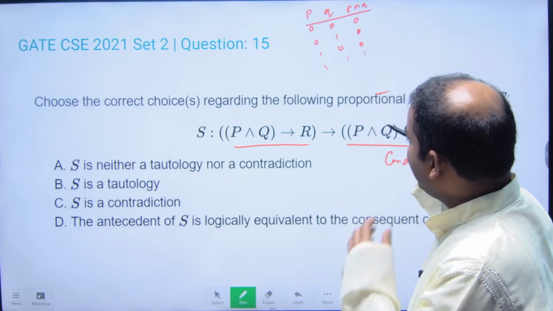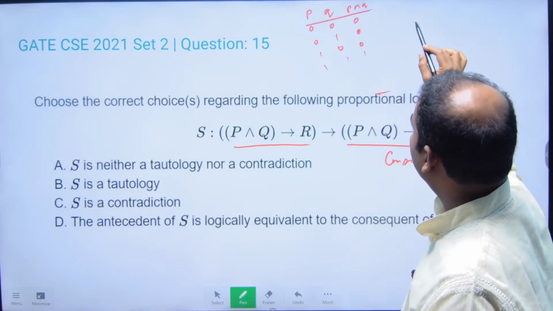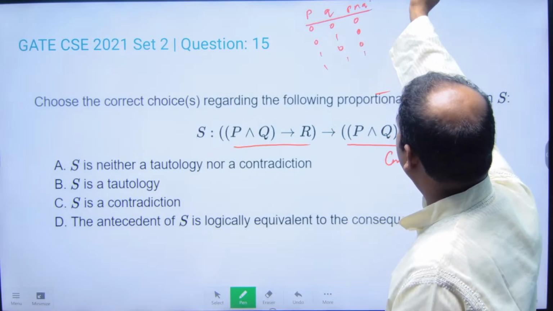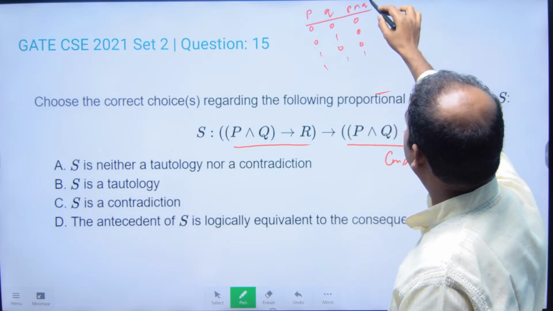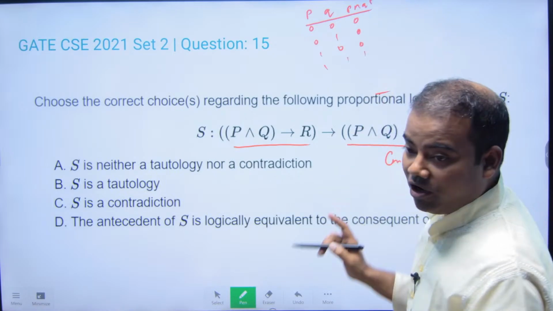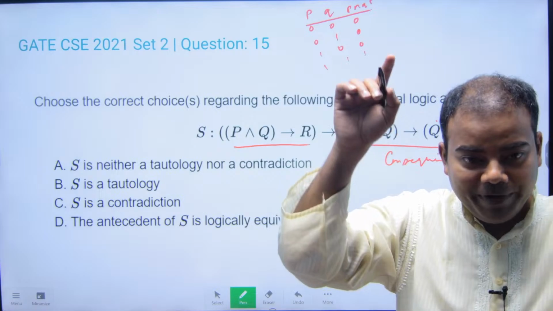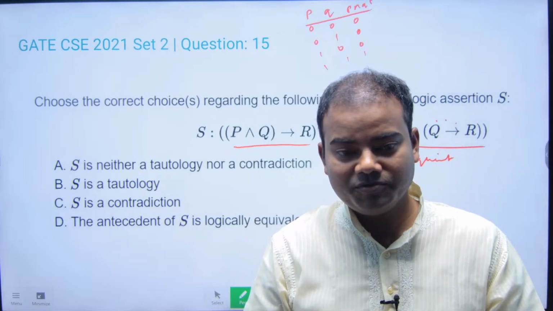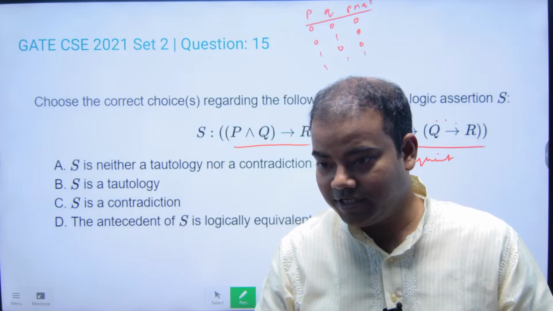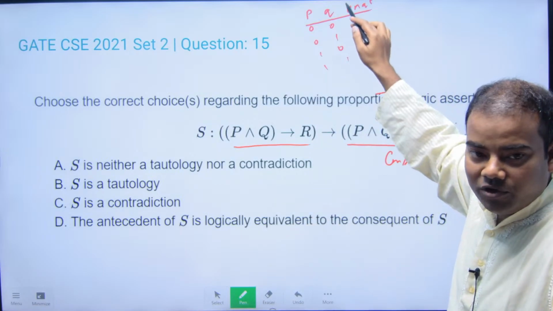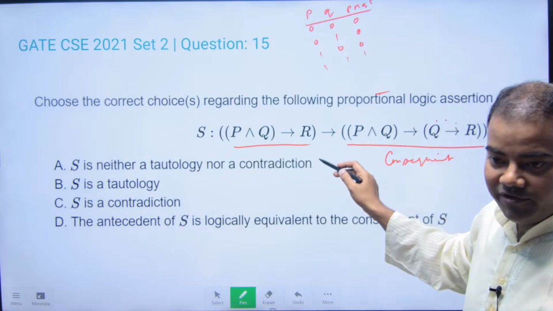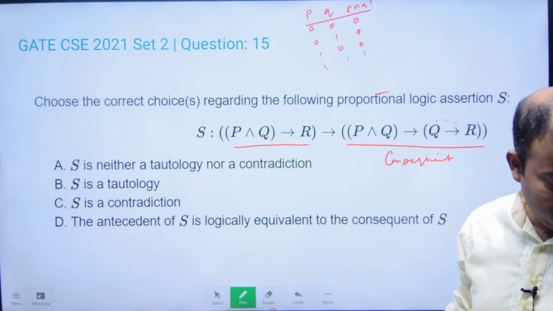Now you just write R also, okay. Because there are 3 variables, how many rows will there be? 8 rows. Here for P and Q you have to make only 4, but for this question, because there are 3 variables, you have to make 8.